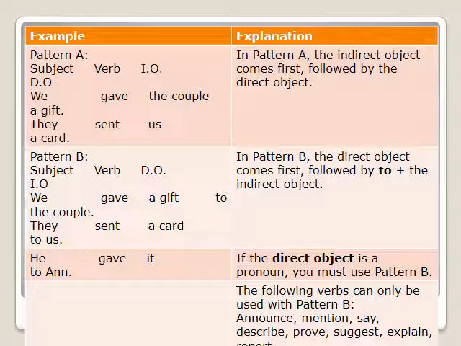In the second one, we have they sent a card to us. So they sent what? A card, direct object. And who got the card? Us. Okay? Is the indirect object.